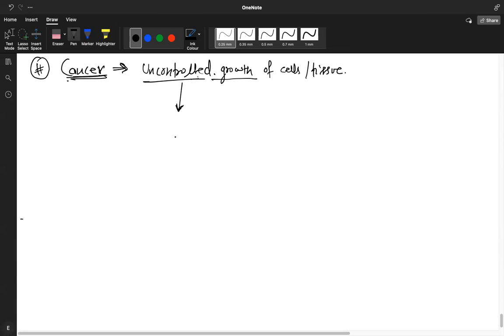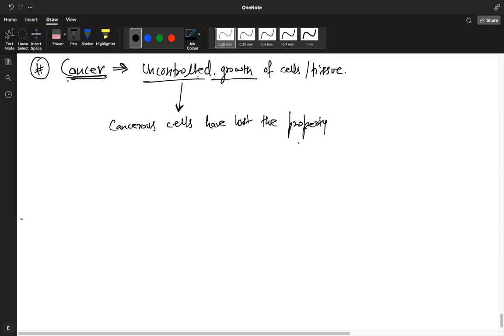Did we talk about contact inhibition in the last class? No, I think. So the cancerous cells have lost the property of contact inhibition.